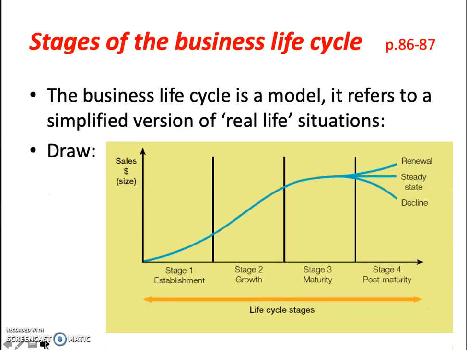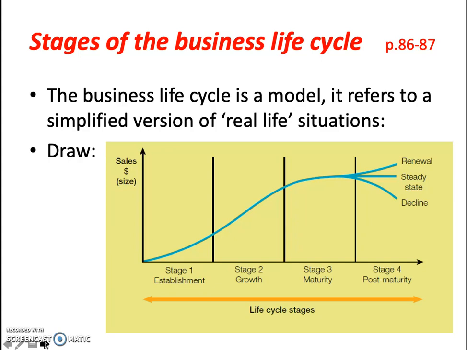Now, gentlemen, the stage of the business life cycle, this diagram, draw it into your notes. It is the most important visualization of the 4 stages of the business life cycle, and shows that only one of these stages has a 3-way prong, being renewal, steady state, and decline. We come to that later.